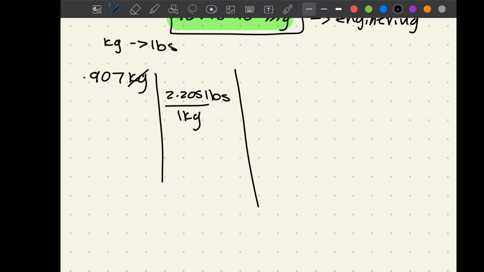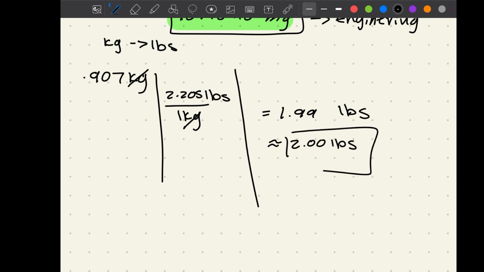Kilograms at the top, kilograms at the bottom, so they cancel out, so our answer will be in pounds. Now if you multiply 0.907 times 2.205, it'll give you 1.99 pounds. Or we could say this is about 2.00 pounds for our answer.